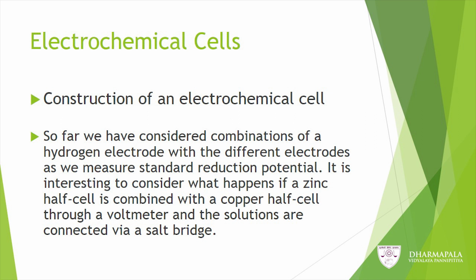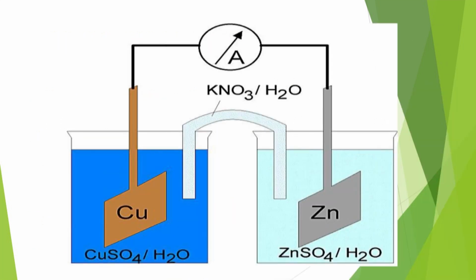It is interesting to consider what happens if a zinc half cell is combined with a copper half cell through a voltmeter and the solutions are connected via a salt bridge. Now, here the copper electrode is in contact with the zinc electrode. The solutions are connected through a salt bridge which contains potassium nitrate.